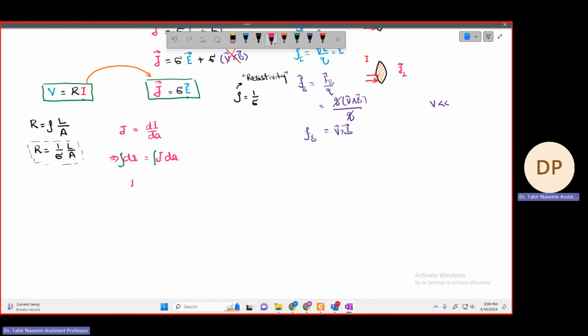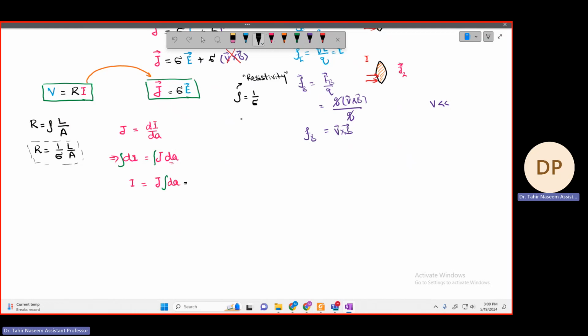So the total current I will be equal to, J is constant, I can take that out of the integral if it does not depend on the space. What else do we have? We have integration over this area.